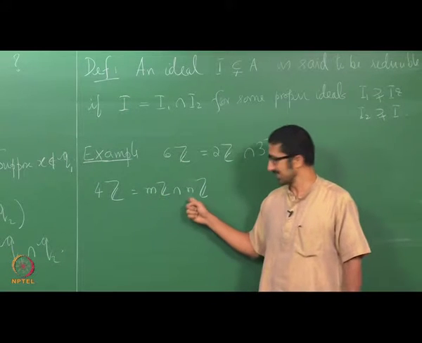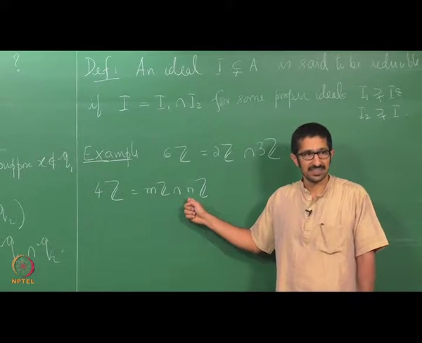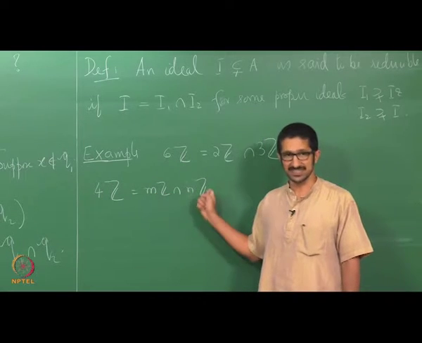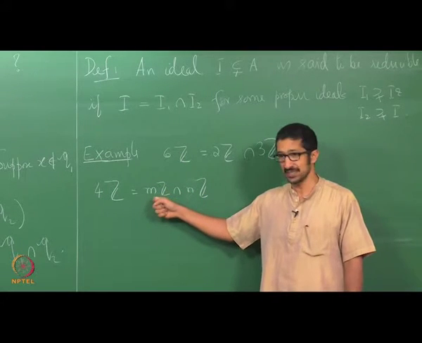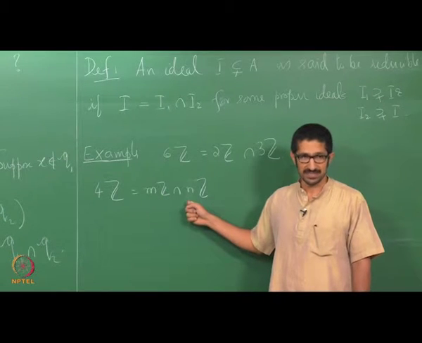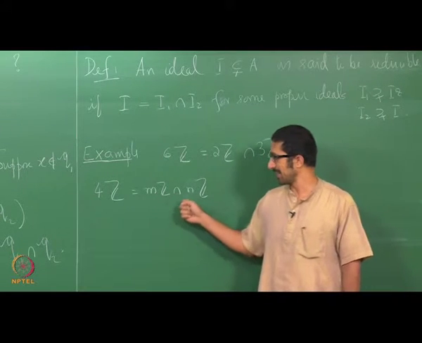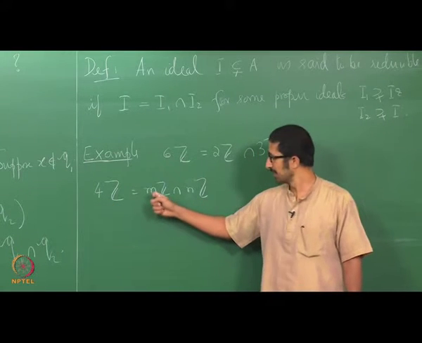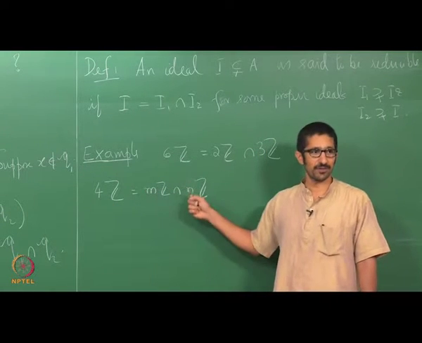The sum of mZ and nZ is generated by the GCD of m and n, the intersection is generated by the LCM of m and n. So if the LCM of m and n is 4, then either m has to be 4 or n has to be 4.